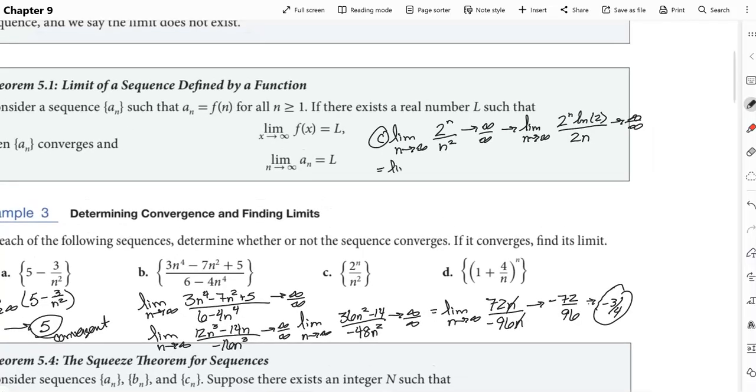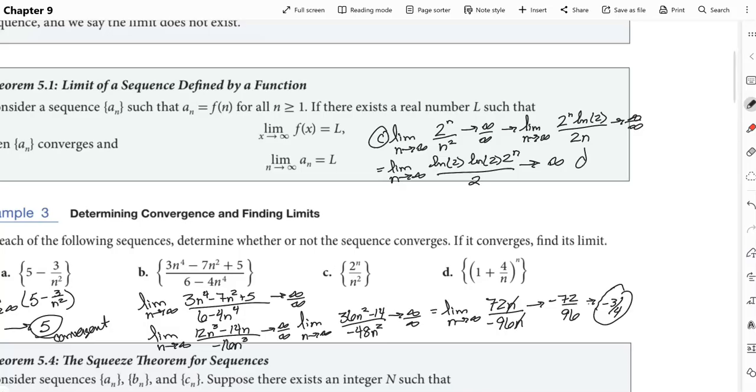So we're going to take the limit as n goes to infinity again. The derivative of the top is going to be ln of 2 times 2 to the n times the ln of 2 over 2. And you can see that that numerator is just not going to get any smaller, so this guy is going to head to infinity.